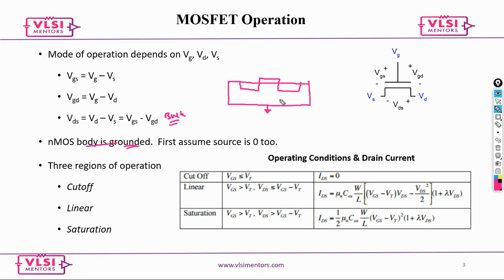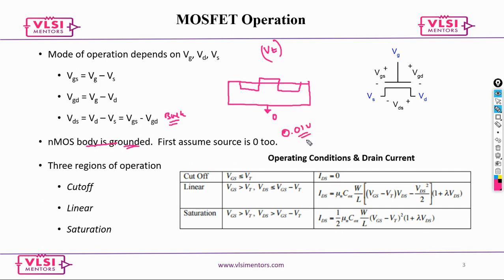Now remember, your VT depends on the assumption that you are making. Ideally, if the bulk is at zero, then the regular VT applicable for this transistor would be the same. Now imagine if it gets to, say, minus or plus 0.01 volt.